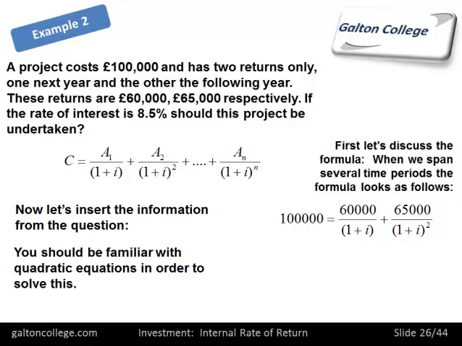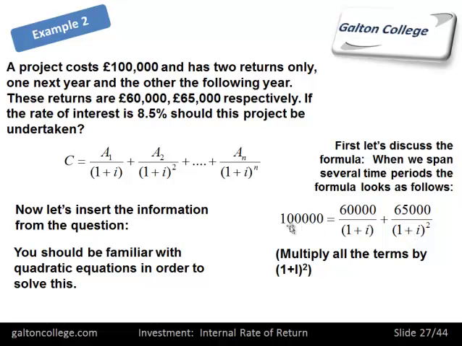To solve this, you really need to be familiar with quadratic equations. So think back to your school days. It's not difficult, but we just have to confront it. So multiply each of the terms here by 1 plus I squared.